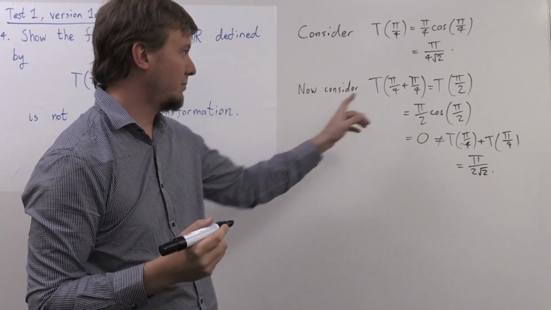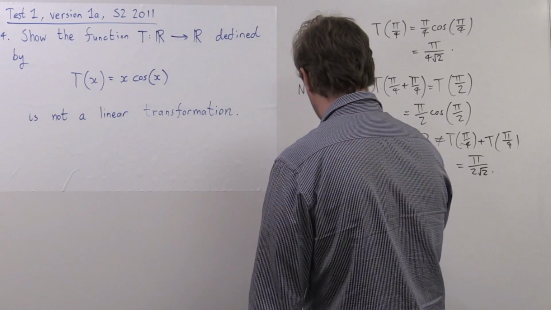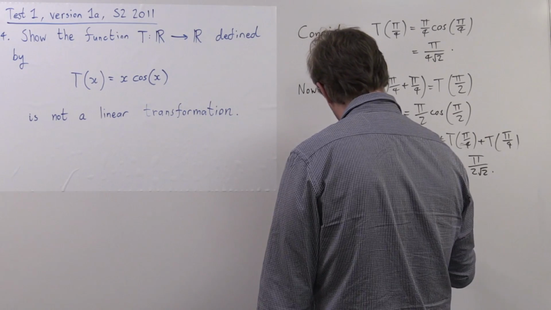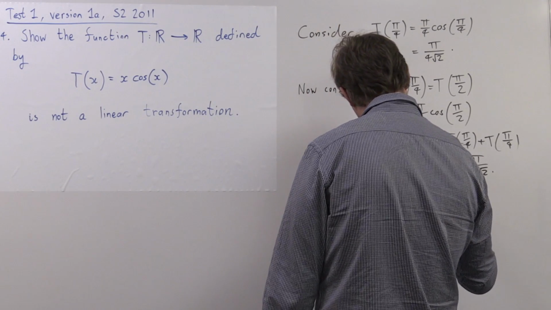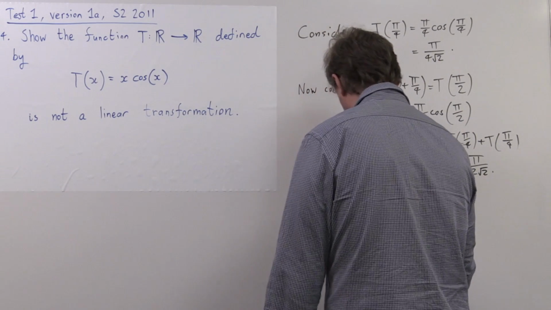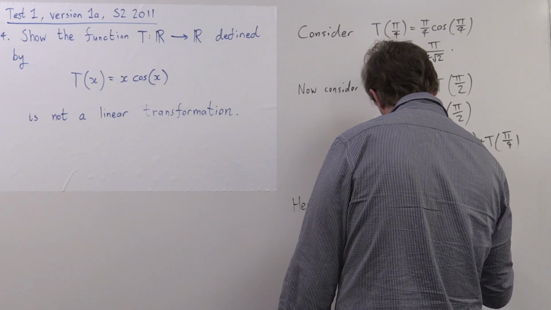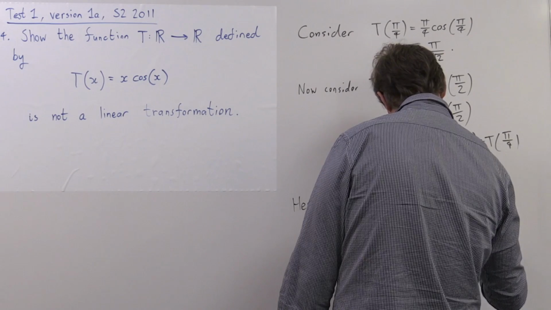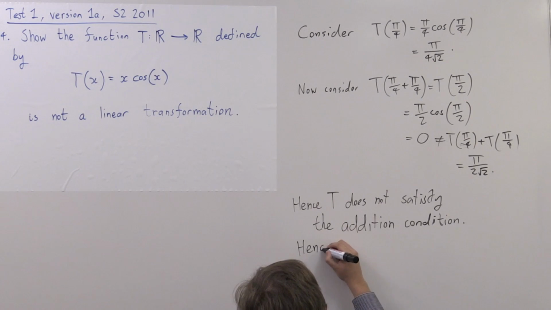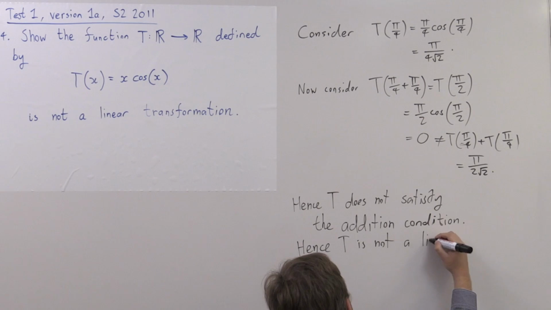So if this were a linear map, the addition condition says that these must be equal, but they're not equal. So I will just say hence T does not satisfy the addition condition. So that means it can't be a linear map. So hence T is not a linear map.